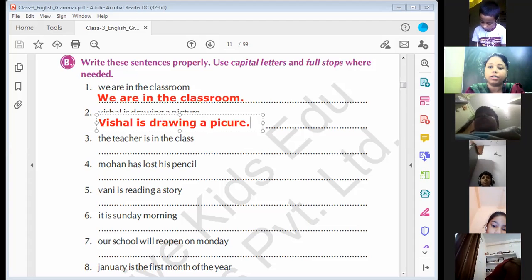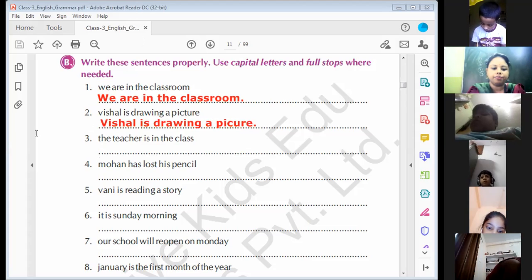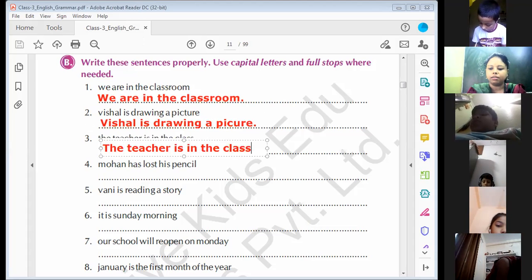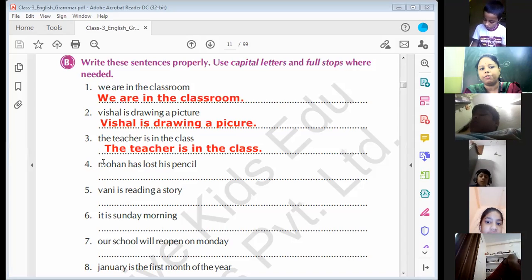Full stop is important. Third is, the teacher is in the class. First letter should be capital. The teacher is in the class. Full stop. I hope you understood how to write this sentence. Mohan has lost his pencil. You just have to write the first letter here in capital and in the last you have to put a full stop.